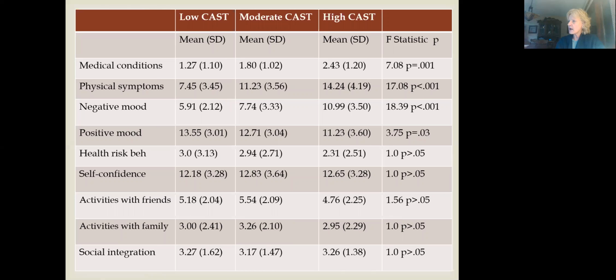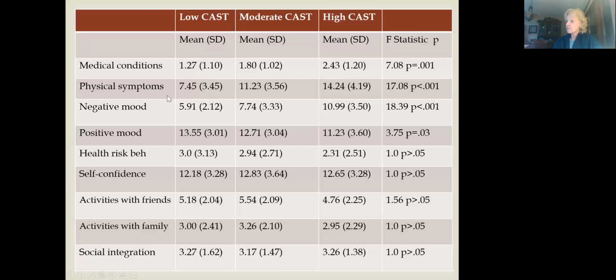So when we compared the report of medical conditions of stomach aches, headaches, backaches, just a variety of medical conditions, when we looked at the low CAST group, so they thought substance abuse in their family was low, compared to medium, compared to high, there were significant differences. And you can see these kids said about 1, these kids said almost 2, and these kids said 2.5. So there were significant differences.